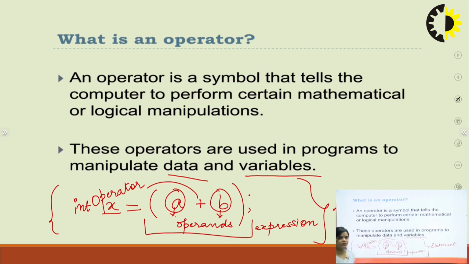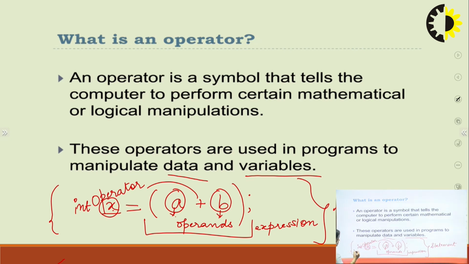Alright. So, what we have learned here: operands, operator, and when this all is with the semicolon, this becomes an expression, and when this whole is evaluated into some variable, this becomes a statement.